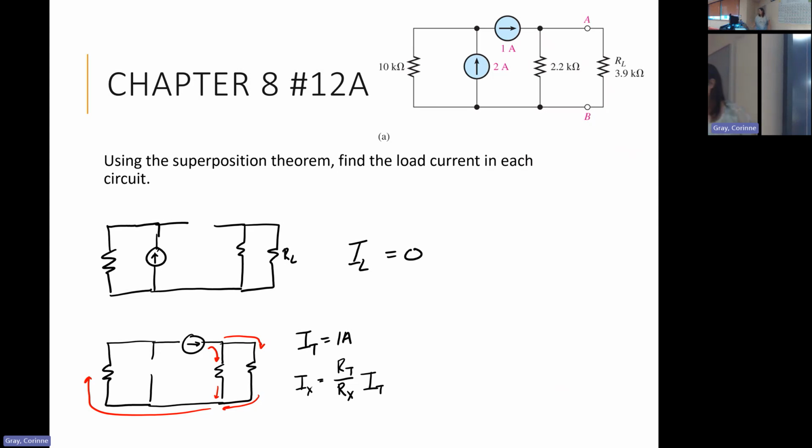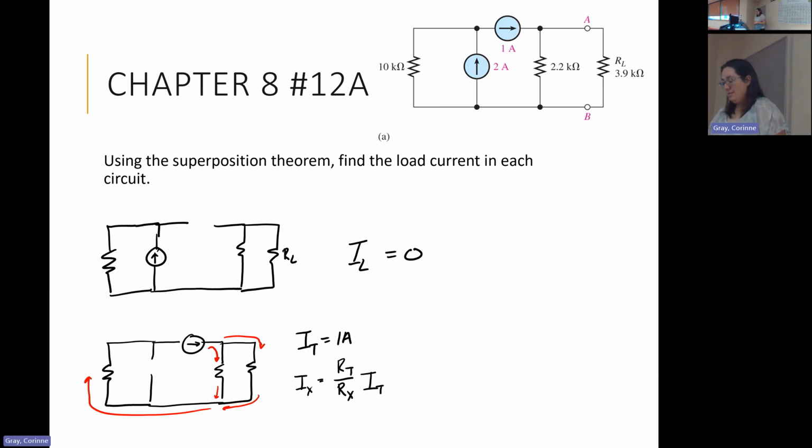So if we go through and do this here, we want I through the, when we're doing this, it's not super clear in the question, it expects you to understand. So it says find the load current. That means we need to look for the resistor with the subscript L associated with it, which is going to be the far right one here.